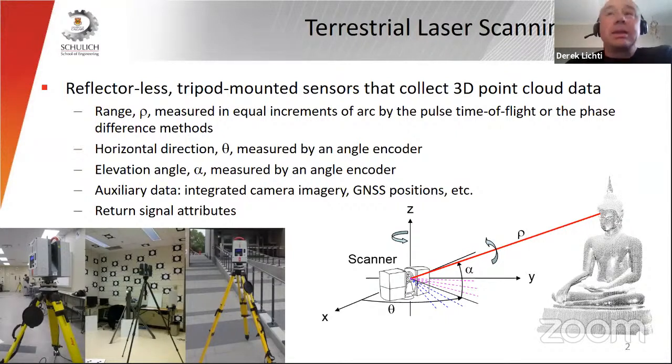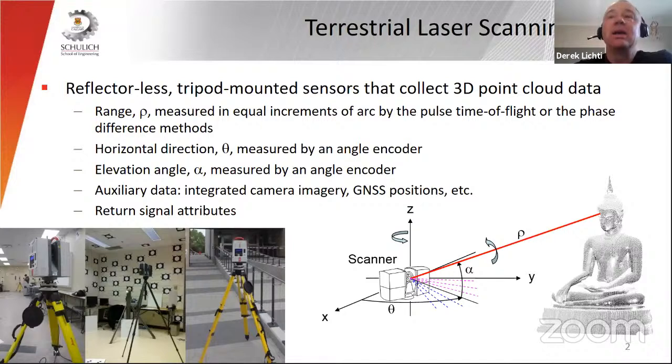So terrestrial laser scanning we can define as being a reflectorless, active imaging method. It's typically mounted upon a tripod, though it doesn't have to be, and it collects 3-dimensional point clouds like the one we can see in the bottom right, the Golden Buddha statue in Bangkok. The way it collects these data is fundamentally with range finding.